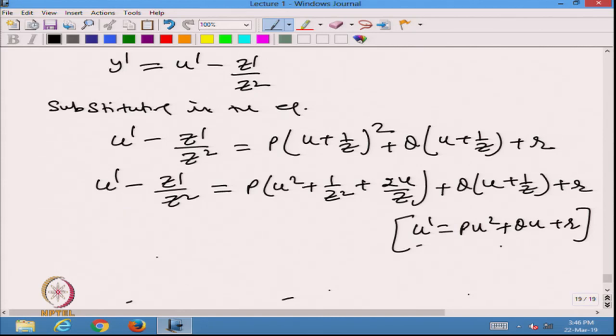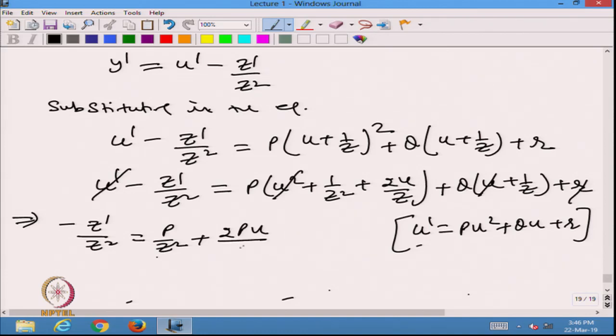So, I can cancel out these terms with those terms. After cancelling, I am left with minus z dash over z square equal to p over z square plus 2 p u over z plus q over z.